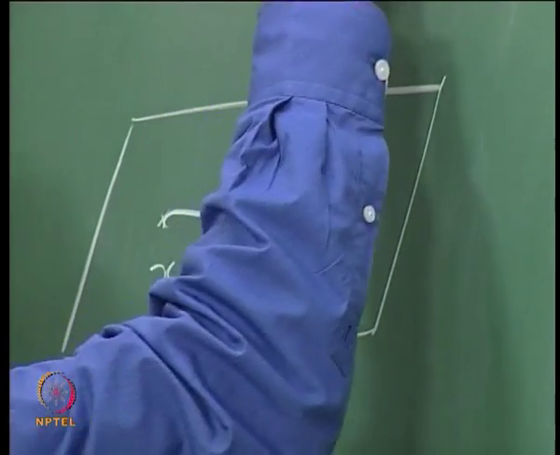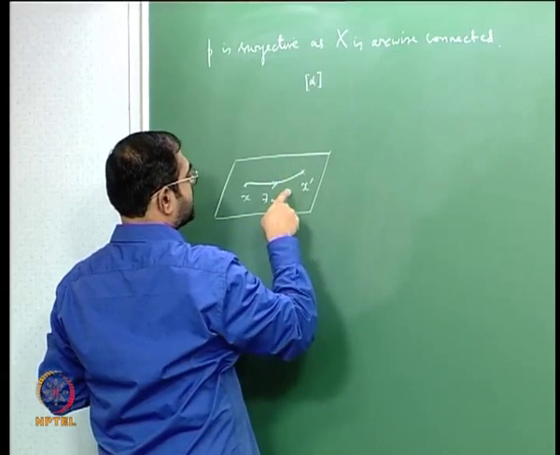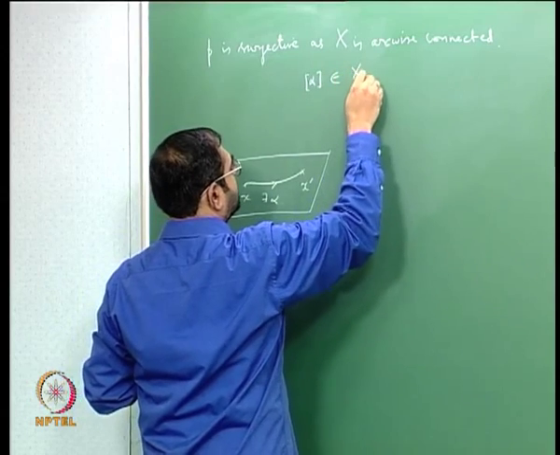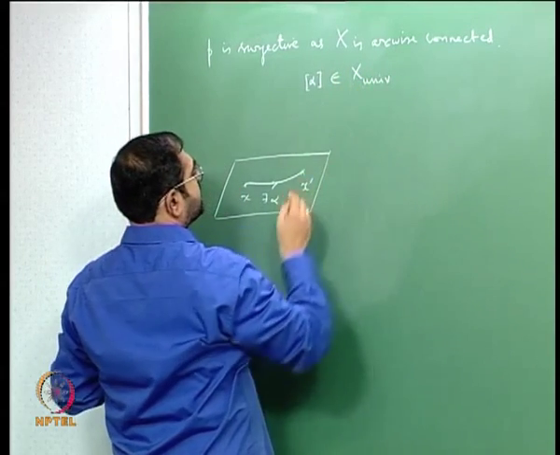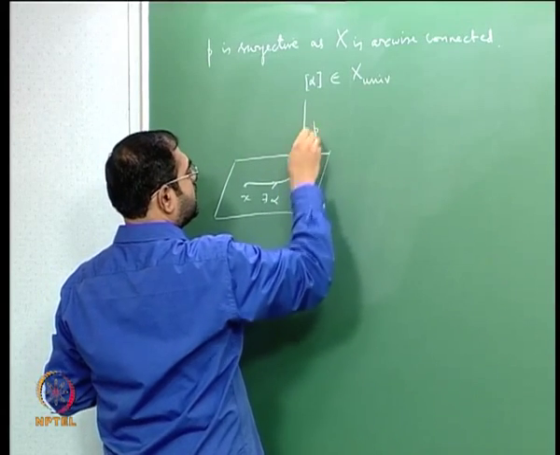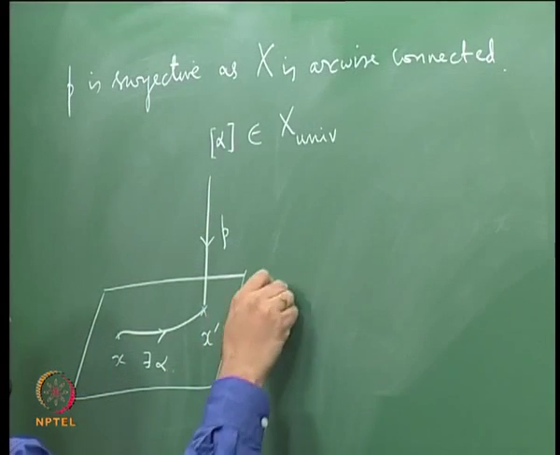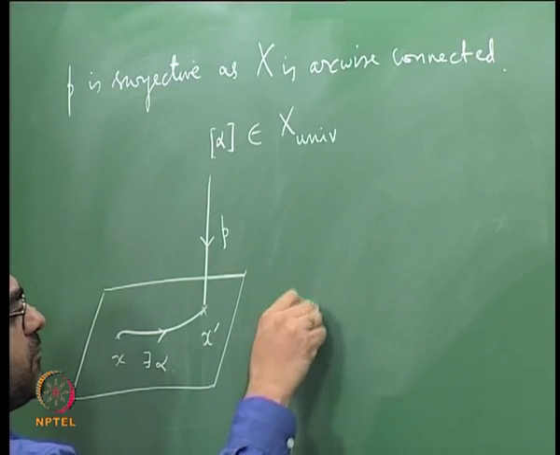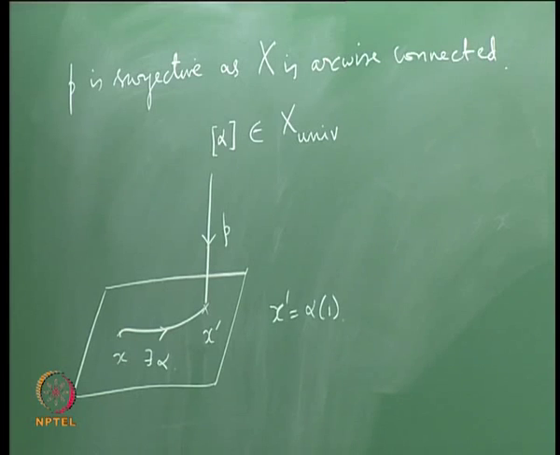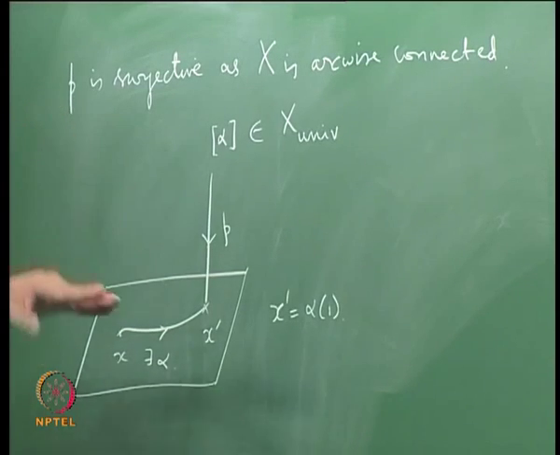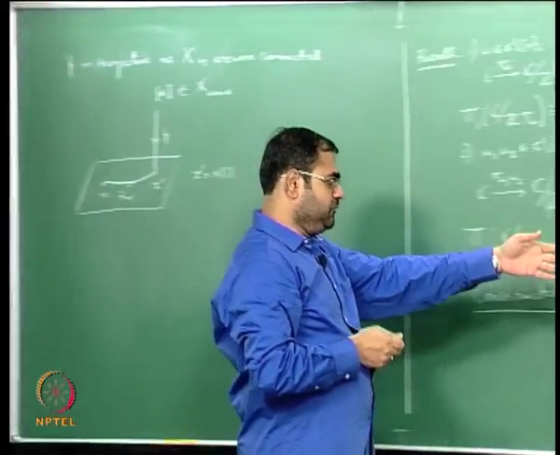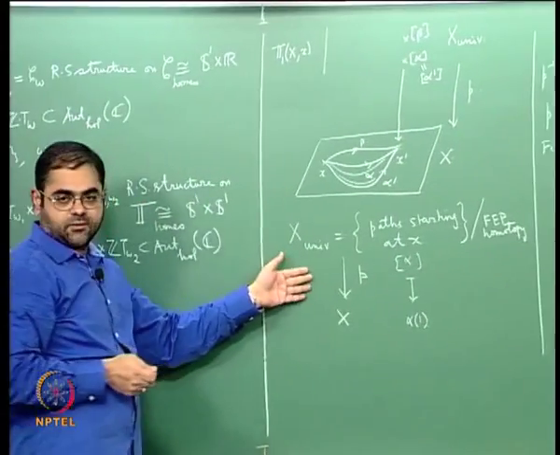Okay, and then the homotopy equivalence class of this path alpha is an element of the set X sub univ which is mapped by P to x prime, which is just alpha of 1, the endpoint of alpha. Okay, so it's very clear that the map is already surjective. I think you should have noticed that already.